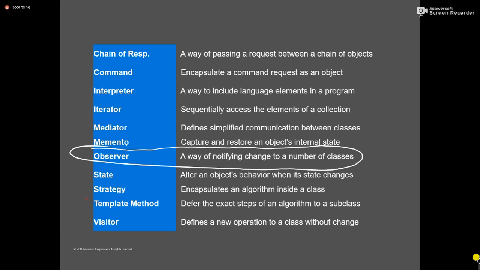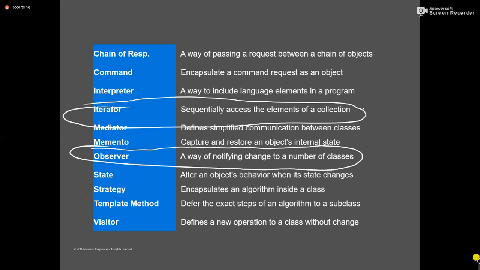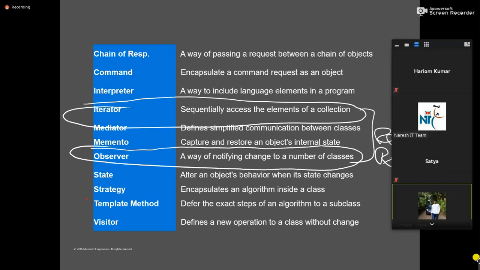Very important, it is also using an iterator. Iterator sequentially accesses elements from a collection. Based on these two major design patterns, the entire RxJS library is designed.